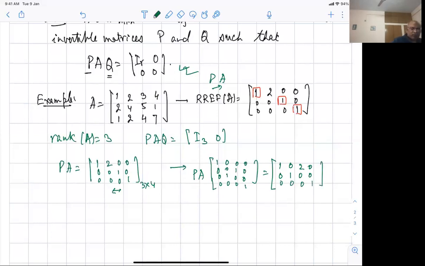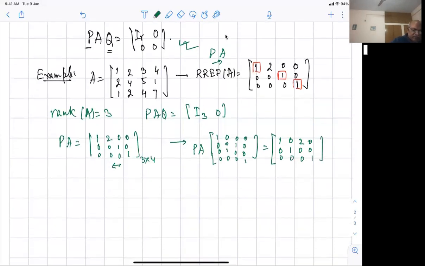Fine. Similarly, I can again multiply this matrix now. The first column, I will leave it as it is. Second column, I'll again leave it as it is. Third and fourth columns need to be interchanged. So I'll write the fourth column here and the third column here. So this is my Q1, this is my Q2.